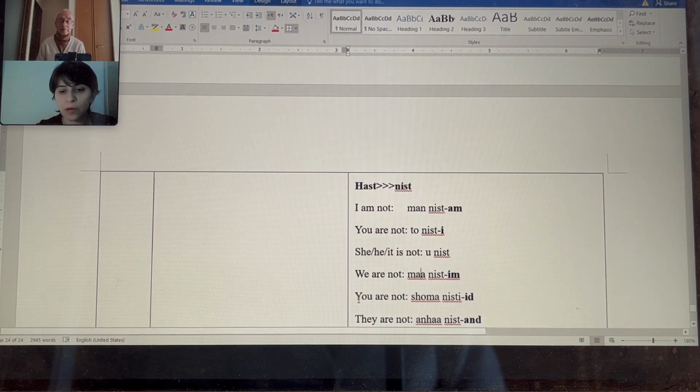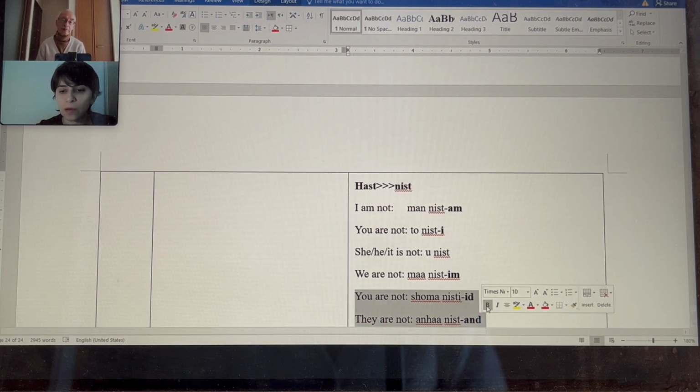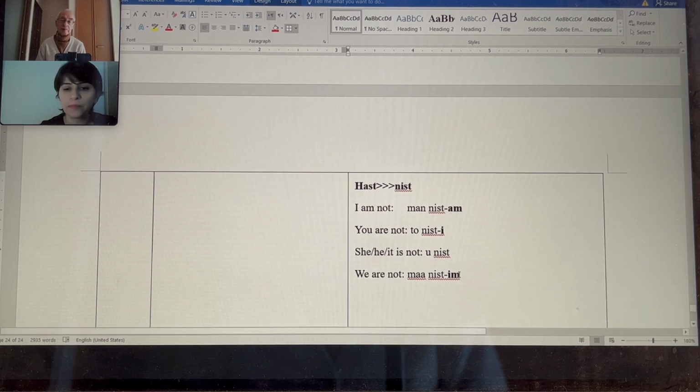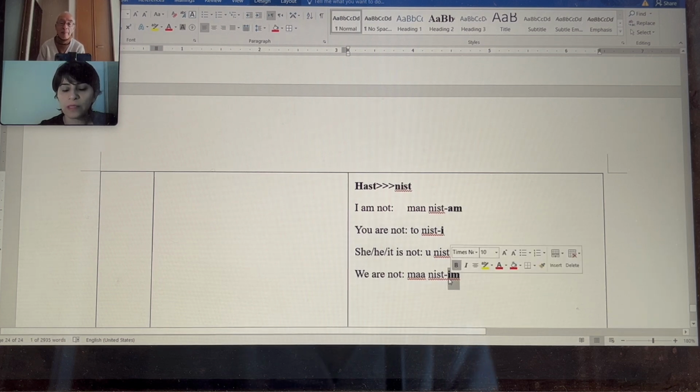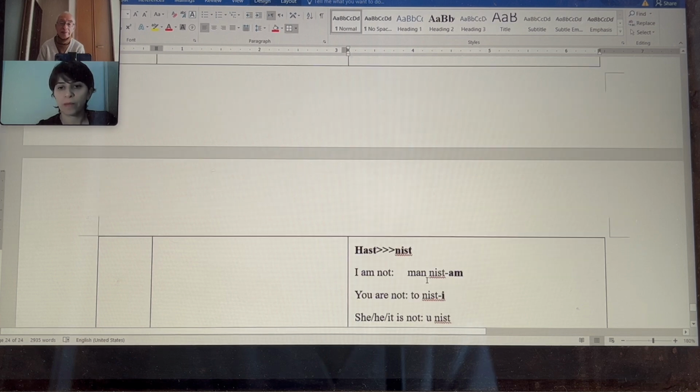So just forget about these two cases. We already learned these three, but the first person plural is what we are learning today, nistim.